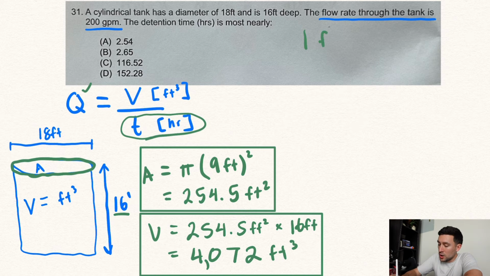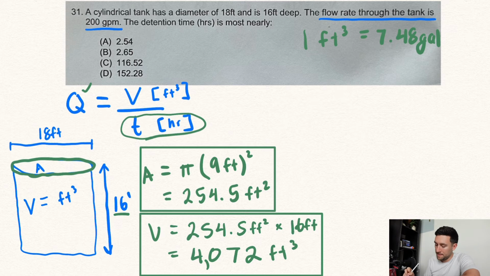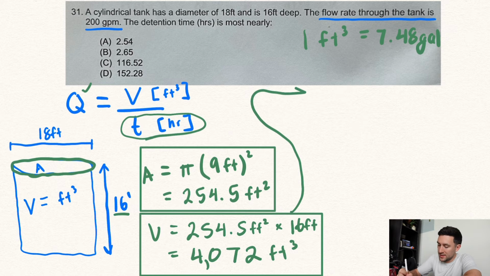So what we should know is that 1 cubic foot equals 7.48 gallons. I want to convert this volume to gallons right here. So I'm going to take this up right here and convert it.